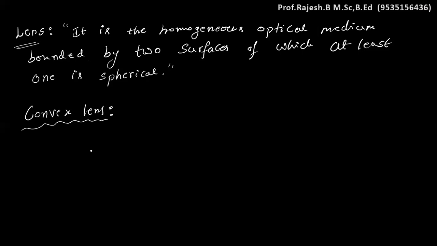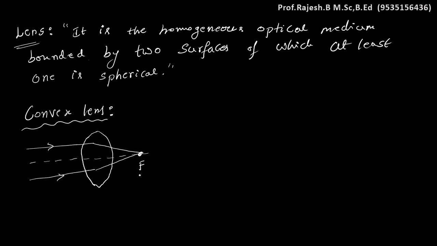Convex lens, we also call it a converging lens, because when the light rays pass parallel to the principal axis, they converge on the principal axis. When it passes through the lens, it converges at a particular point, and we call it a focus. So it is the lens which converges a parallel beam of light.